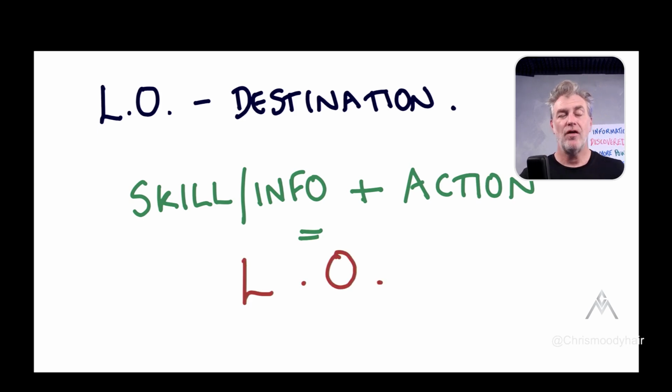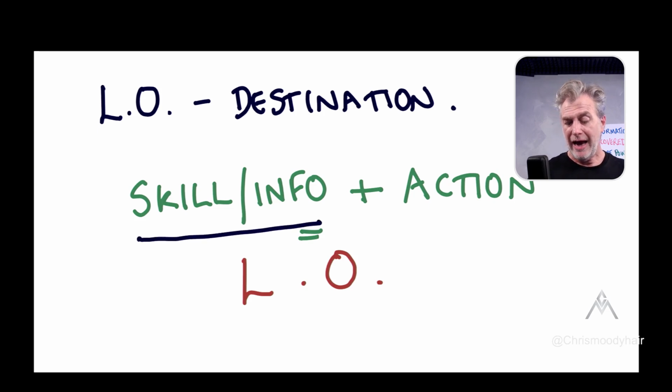So, for instance, I want them to know all of the different types of color in this particular range, or all the different types of products in this particular range. I also want them to list the products out. Does that make sense? That makes a learning objective.